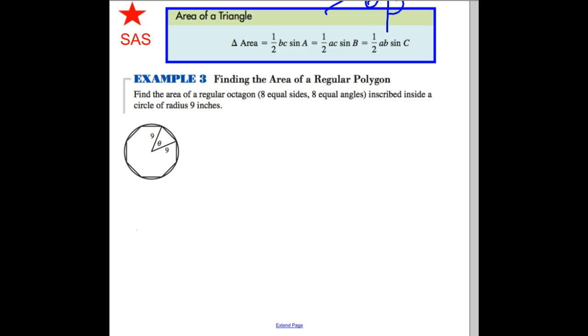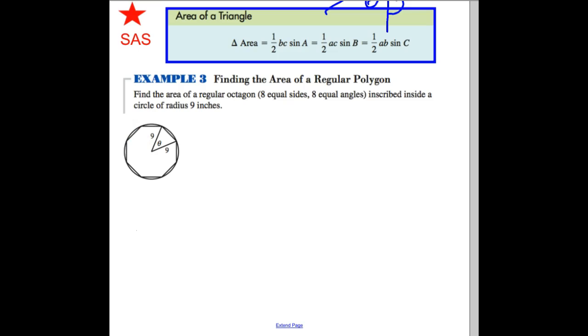We'd have 8, yes? Going from the center out to each of the points. Okay, so just picture we have 8 of these little triangles going around. So if we know the area of one of the triangles, we can just multiply by 8 to get the full area.